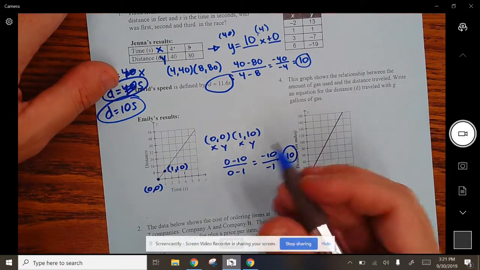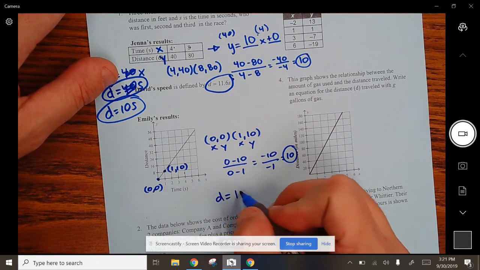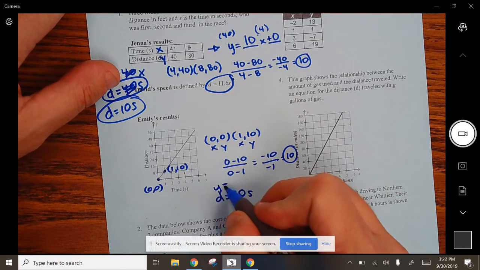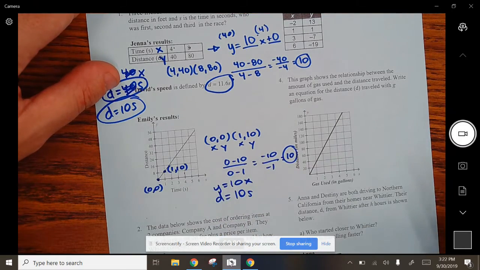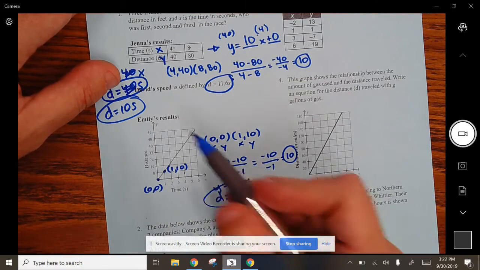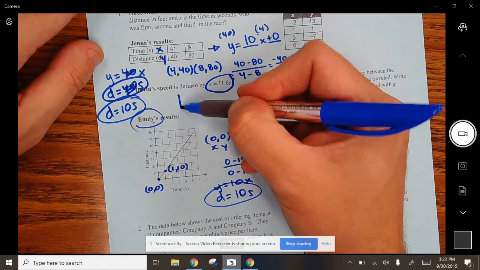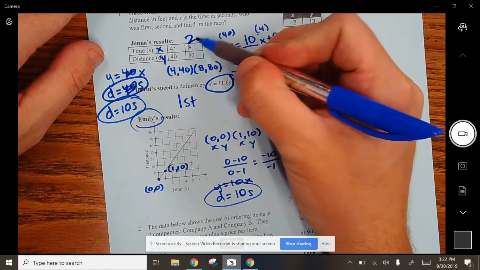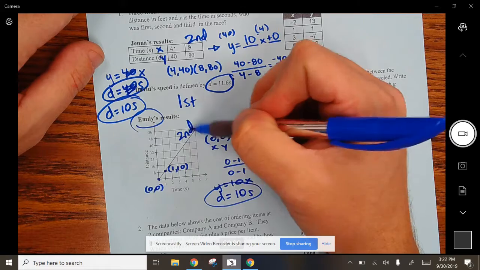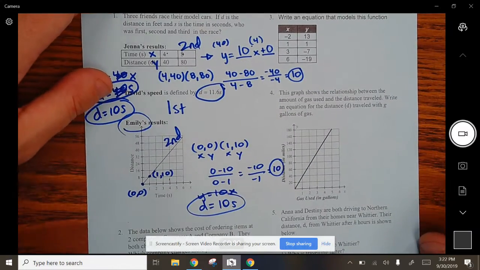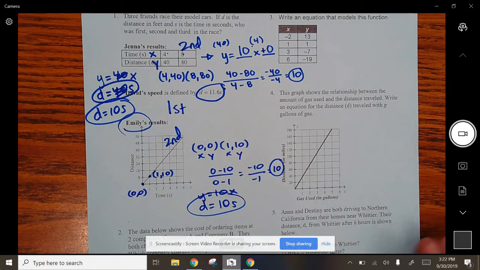So Emily's results are distance equals 10s, or y equals 10x, because we know it's going to be plus 0. We know our y-intercept's right there. So Emily and Jenna's times are the same. So David got first, and then there was a tie for second. I know it was a tough problem. It was, but we were able to get through it, okay?